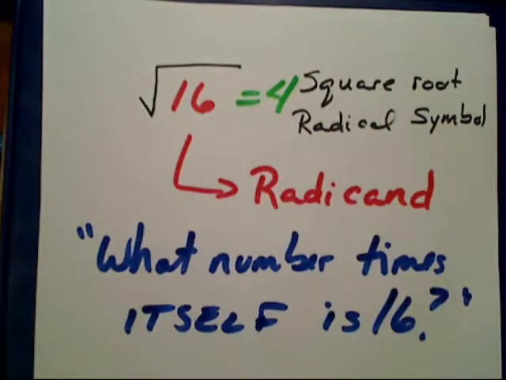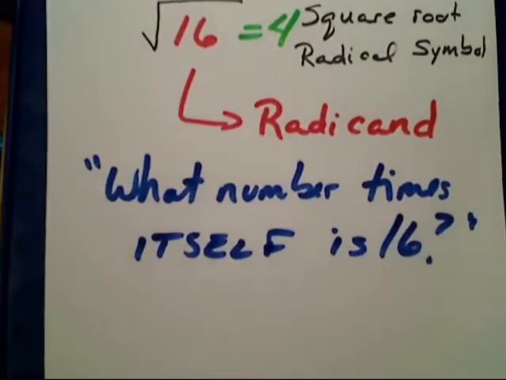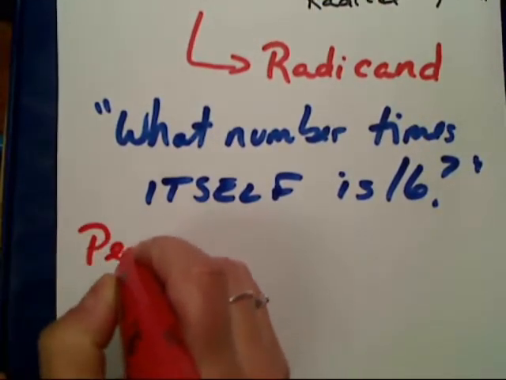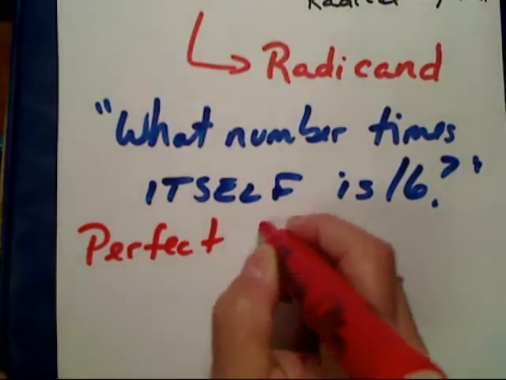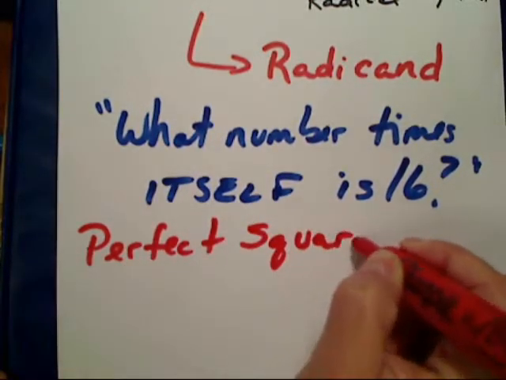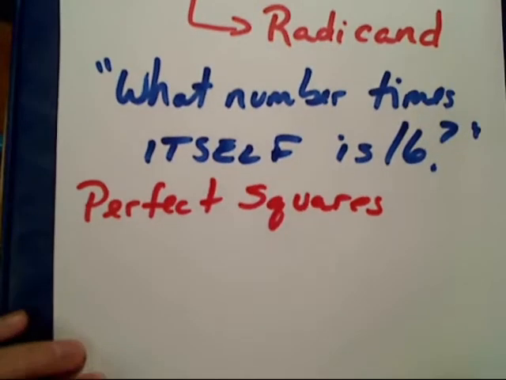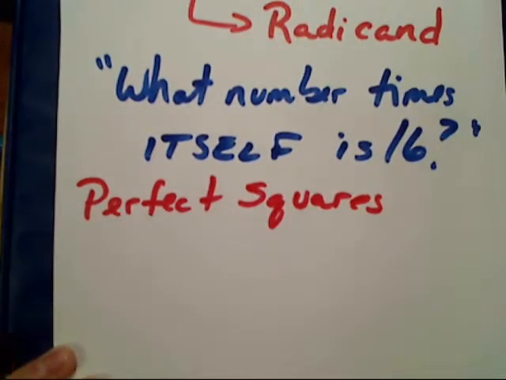Now 16 was a nice one because it's a perfect square. Okay. We probably want to get fairly familiar with our perfect squares. We may be fairly familiar with a lot of them from our factoring chapter. That was chapter 5, week 6, in which we had the difference of perfect squares was one of the things that we factored.